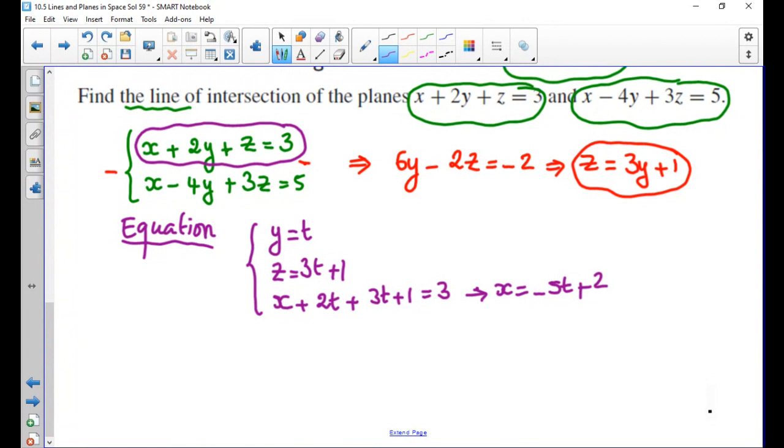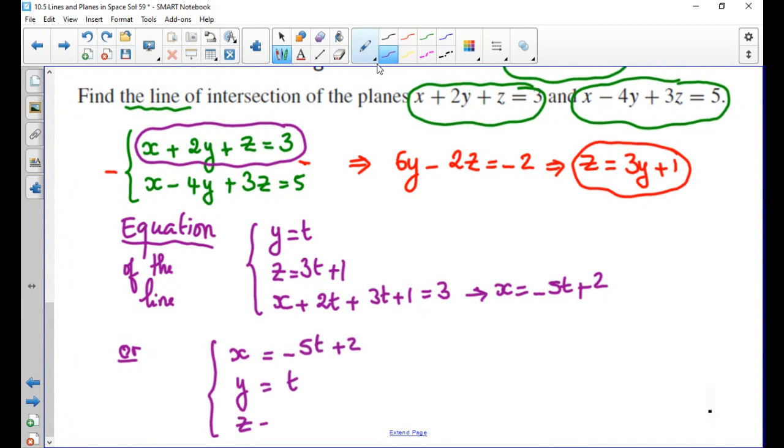The equation of the intersection line, I can write it now, starting with x, the usual thing. So x will be minus 5t plus 2, y will be t, and z will be 3t plus 1, like this.